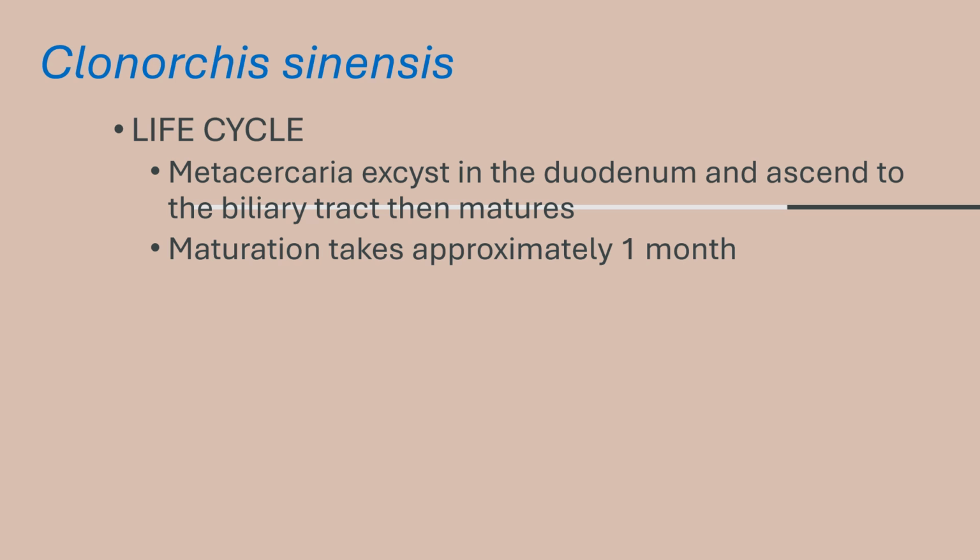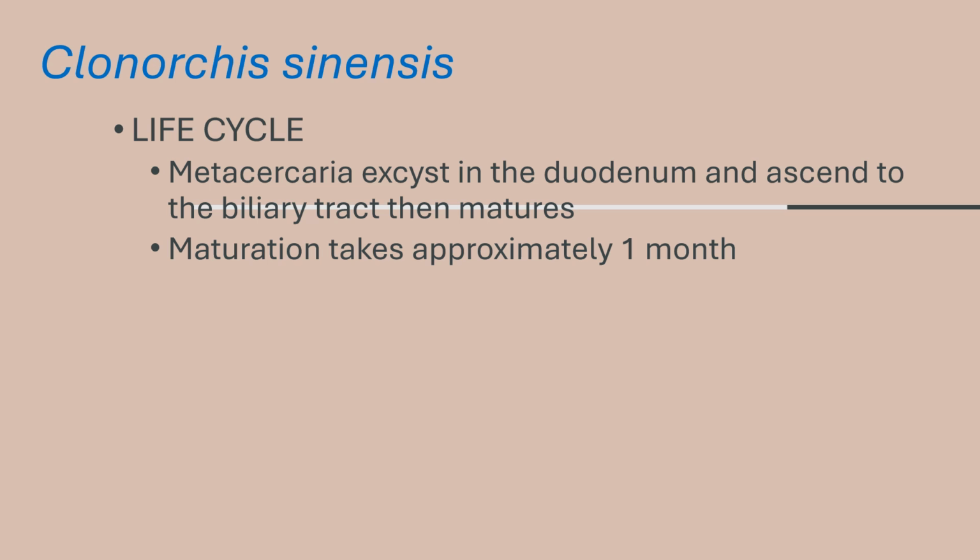Please note that maturation of your Clonorchis sinensis adult takes approximately 1 month, and the life cycle takes approximately 3 months to complete in humans.